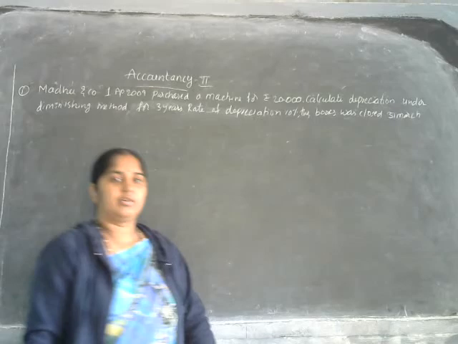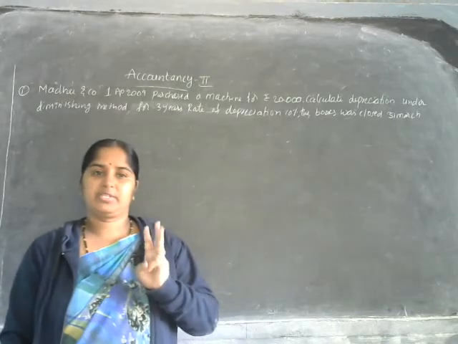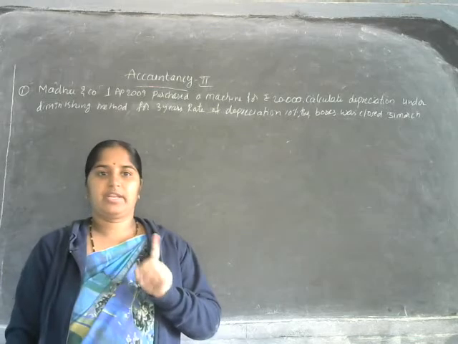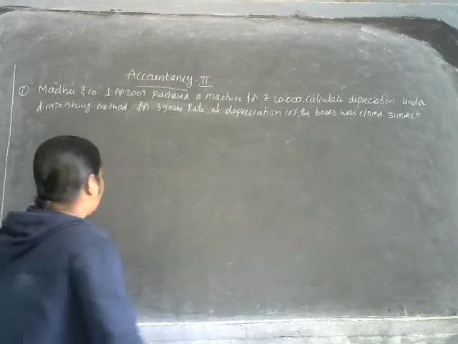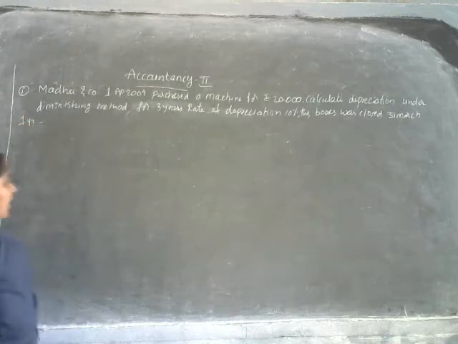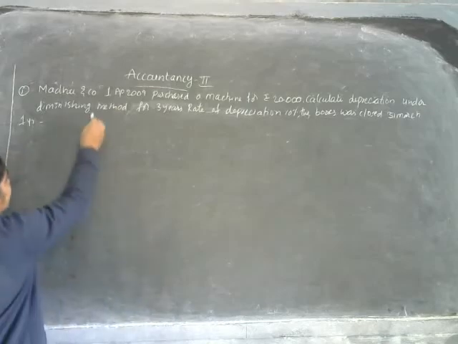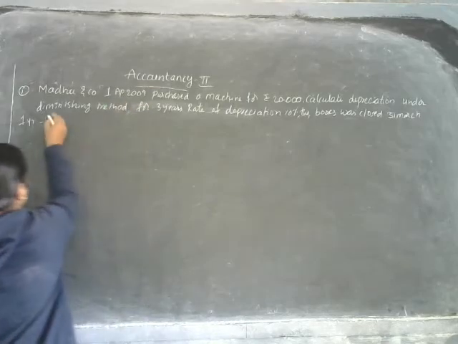Okay, now see the problem. We have to calculate depreciation for the 3 years first of all. Take the first year. The asset purchase date becomes the first day. On which day have we purchased? 1st April 2009.